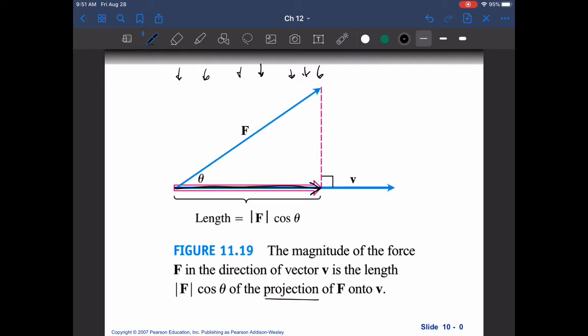And if that shadow included the arrowhead on it, then it would be a vector because it would have a direction, and it would be the projection of our vector onto some surface. In this case, the surface is represented by the vector v. And so what we have is a vector f being projected onto vector v, and that's what we've got there.